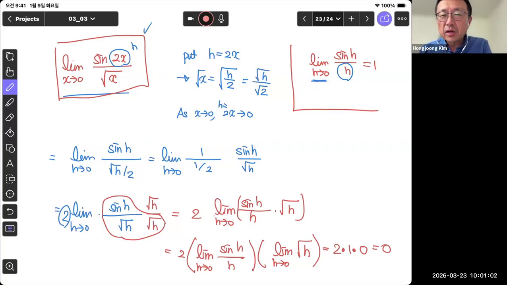So 2x is the argument of the sine function. In the denominator, we have the square root of x, not 2x. So I need to multiply by a certain function to get the same argument. And then that may change the final result. So please be careful when you apply that formula. Okay?